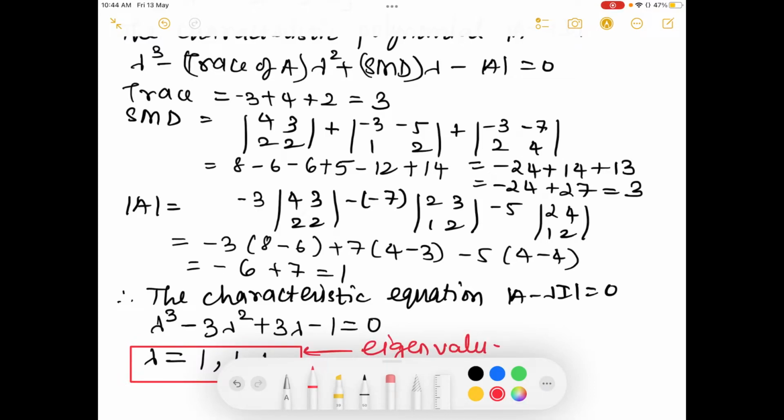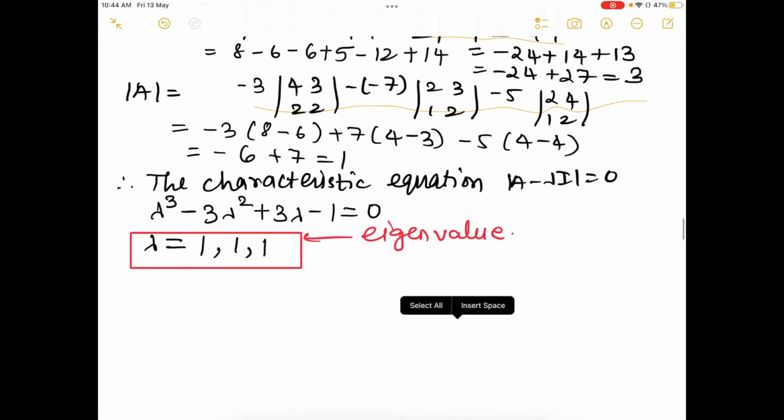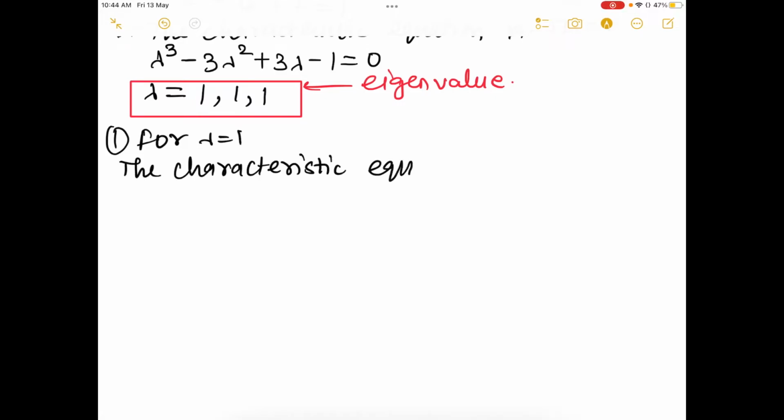Now that we found our eigenvalue, we have to go ahead and find the eigenvectors, which is not that different or difficult. It's quite easy. For finding eigenvectors, we write for lambda equals 1, the characteristic equation as A minus lambda I into x equals 0.